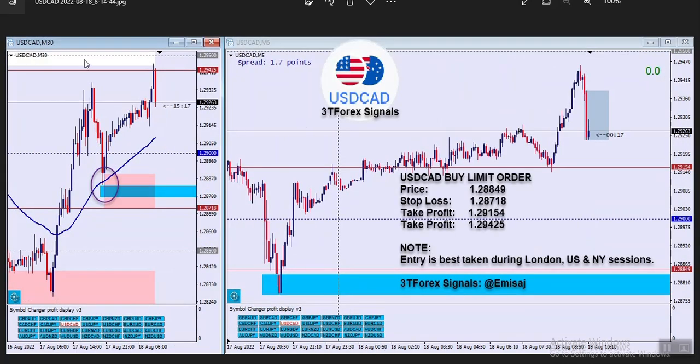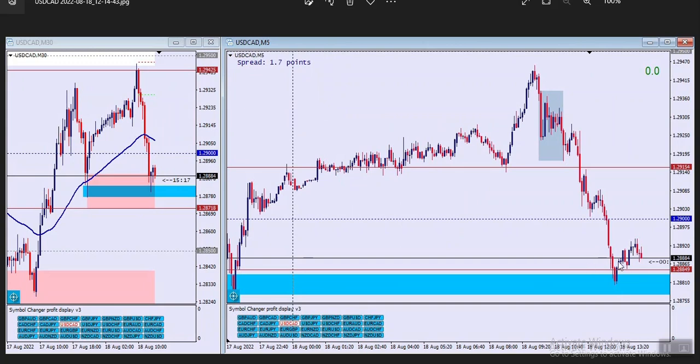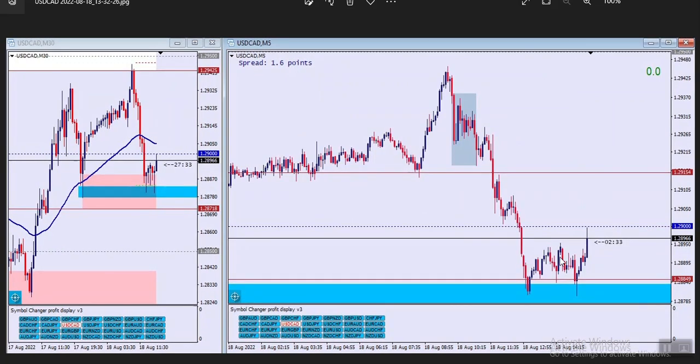Then we also had a trade here on USD CAD. I saw this rejection from this 50 exponential moving average, and this was what I sent to the signal channel, the USD CAD buy limit order. So this trade triggered, and that was how it moved away immediately.